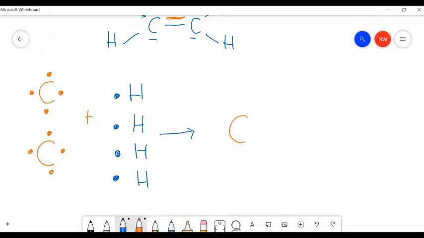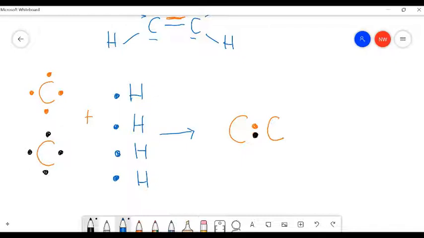So, for the first carbon, it will share its electrons between carbon and carbon, there will be bonding. Okay, so carbon and carbon share bonding there. I want to draw the electrons in a color, I'll use black for the electrons. 1, 2, 3, 4. And then with the second carbon, they make a covalent bond there.